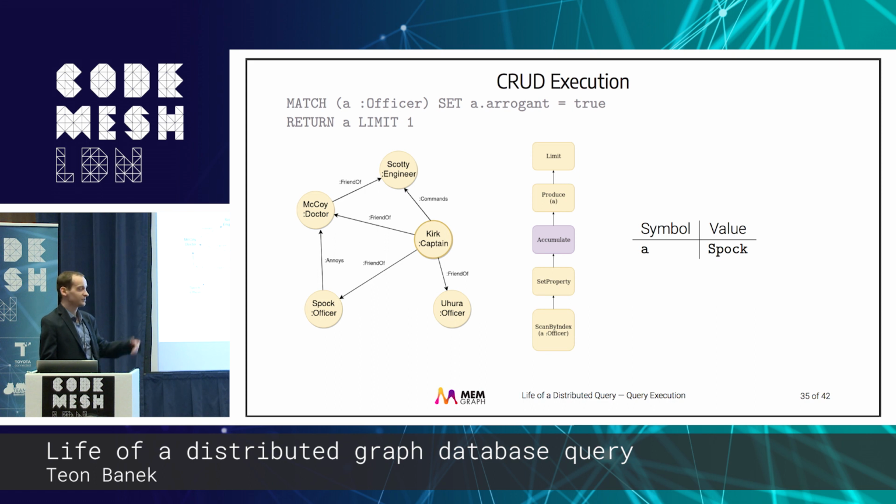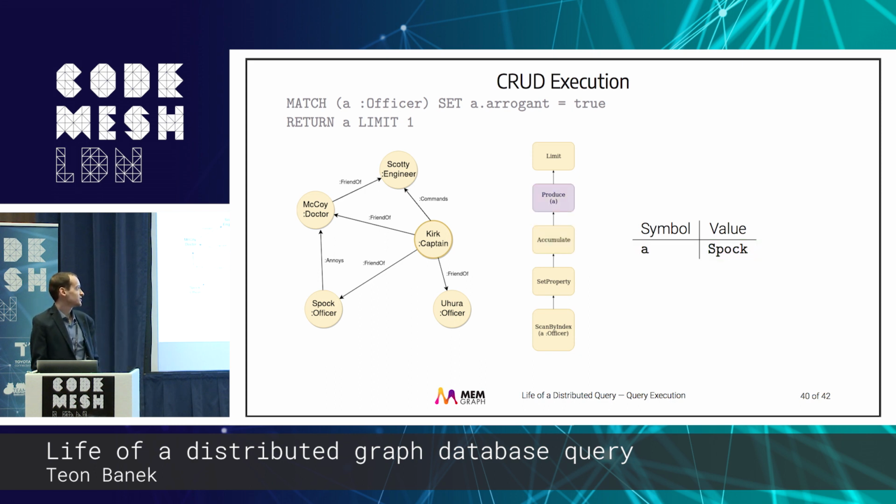Afterwards, master needs to receive more data. So perhaps another machine would find Uhura, set the property on it, and send it back to master. And I believe these are all the officers in this small example. So the master can begin producing the results as it received them. In this case, Spock was the first one, so it will set Spock on the frame like nothing happened in between.